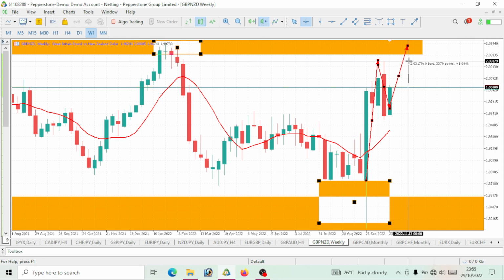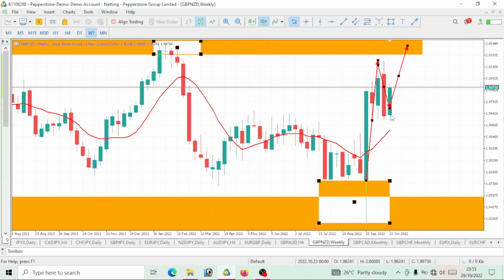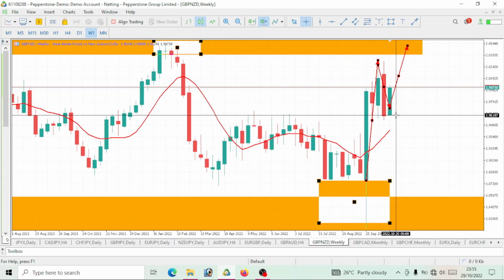So the week that just finished, we opened and closed bullish. We had a bullish move of about 350 pips. GBP/NZD gave us about 350 pips, which is actually not bad though.